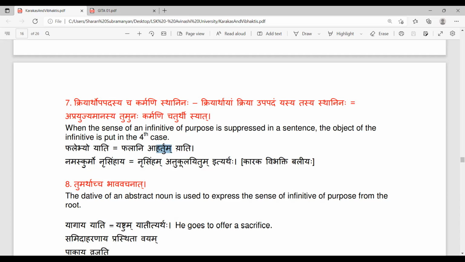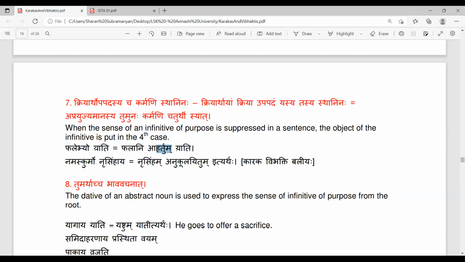So it is palani ahartum, not palebhya. Since ahartum is there, pala will be in Dvitiya Vibhakti. So palani ahartum yati.